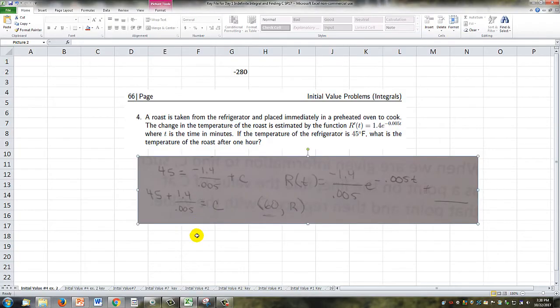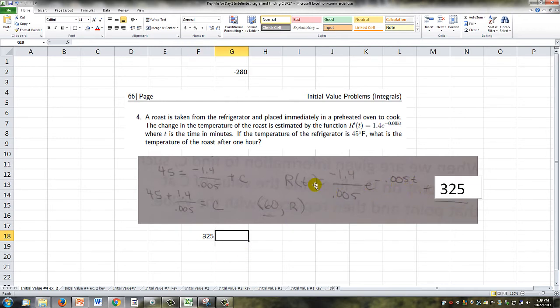Okay, so now I can figure out what these values are. So equals 45 plus 1.4 divided by 0.005 is equal to 325. So my r of t function would be negative 1.4 over 0.005 e to the negative 0.005 t plus 325, right?